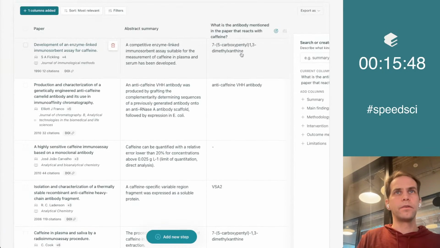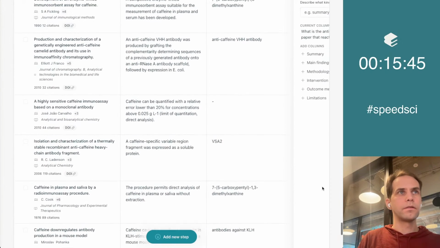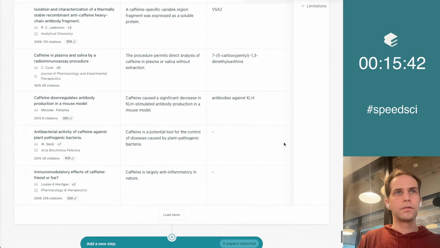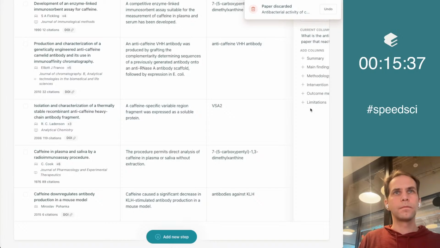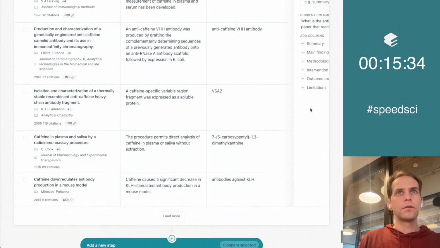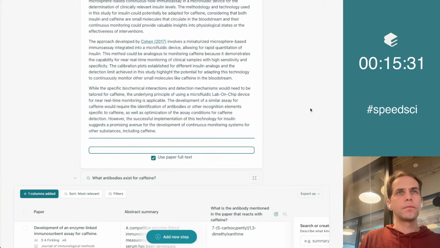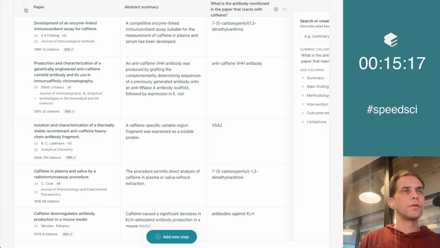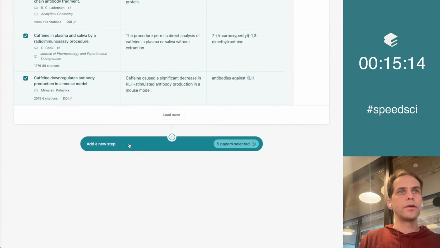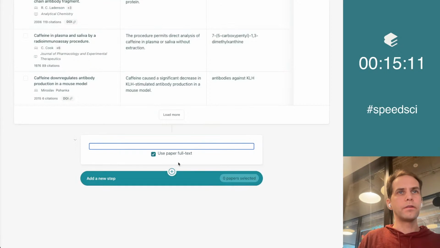Okay, and we extracted the specific name of the first paper here. This one we're going to delete, delete, delete. Okay, I'm gonna ask another question here with chat, but I'm not going to use the full paper text initially.